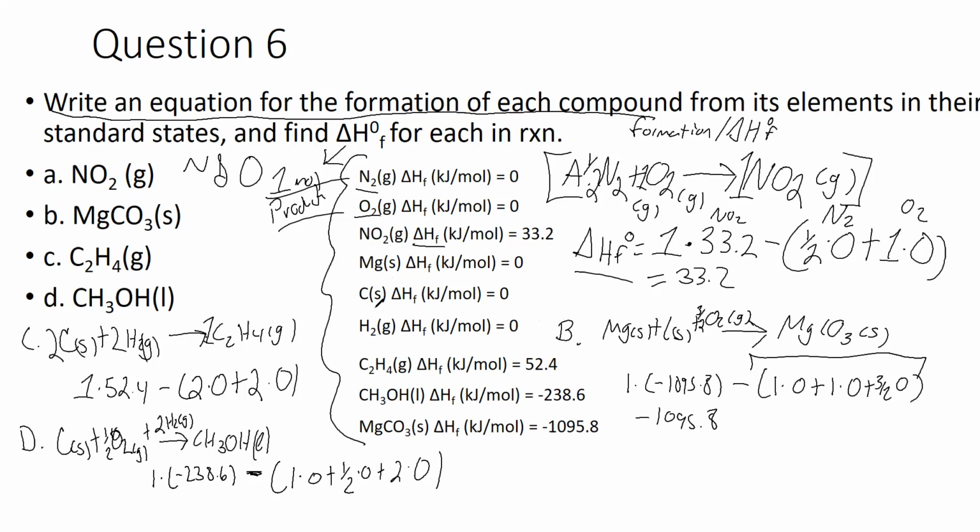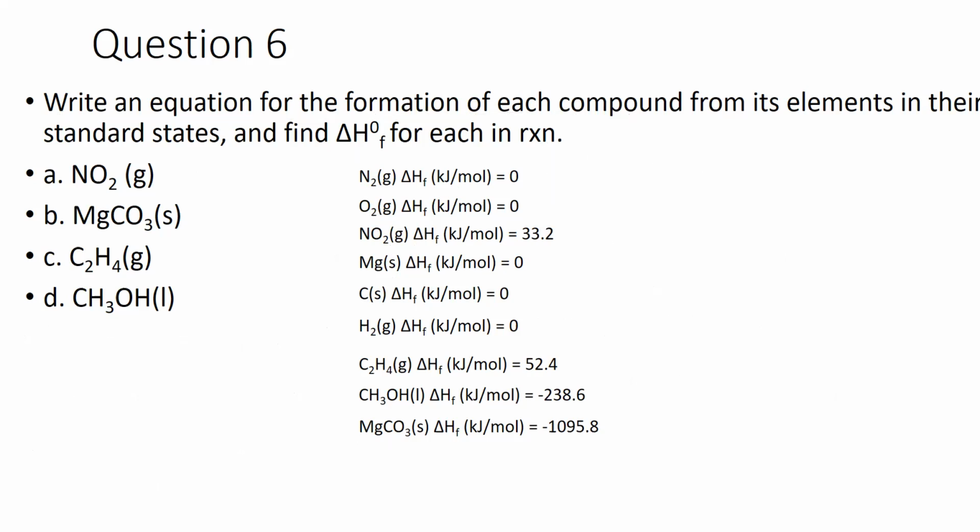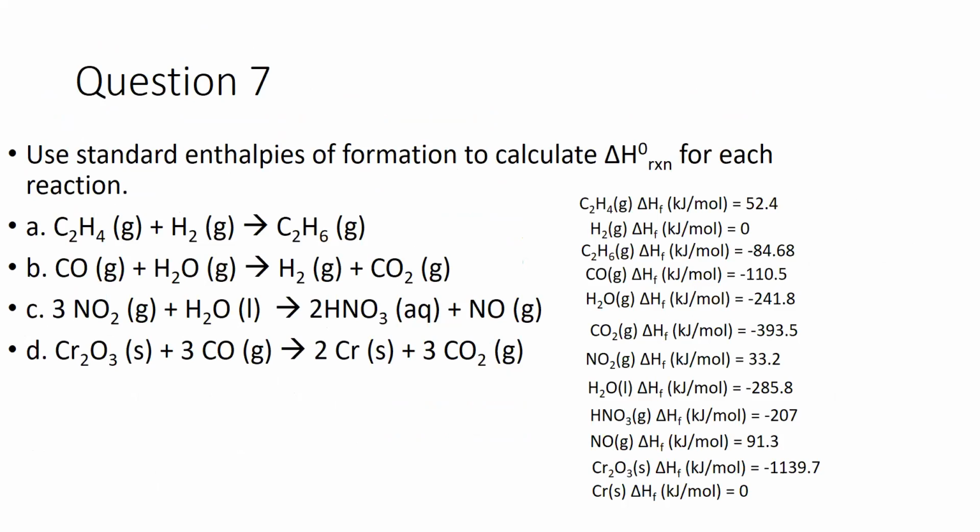So that's why all the reactants are 0. Now we're going to look at cases where it's not 0, and that is when we are doing delta H reactions. If I want to know how much heat I have to put into a reaction or how much heat is lost in a reaction, that's what I'm doing here.